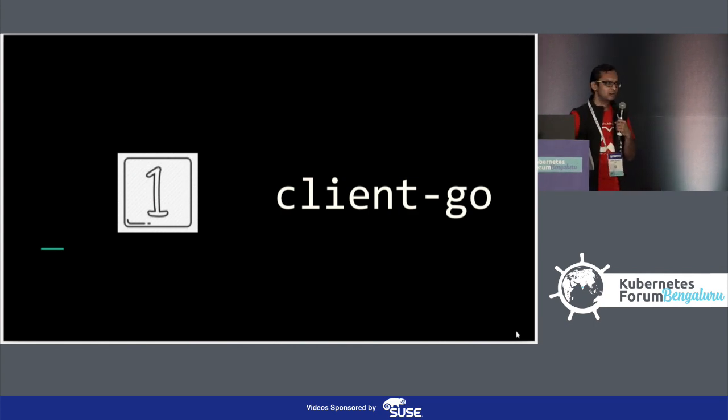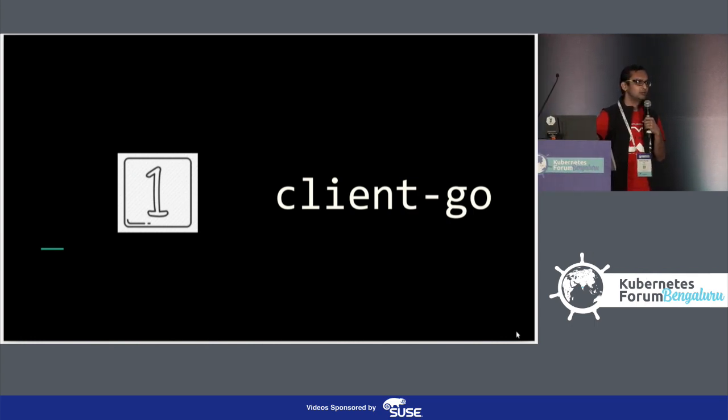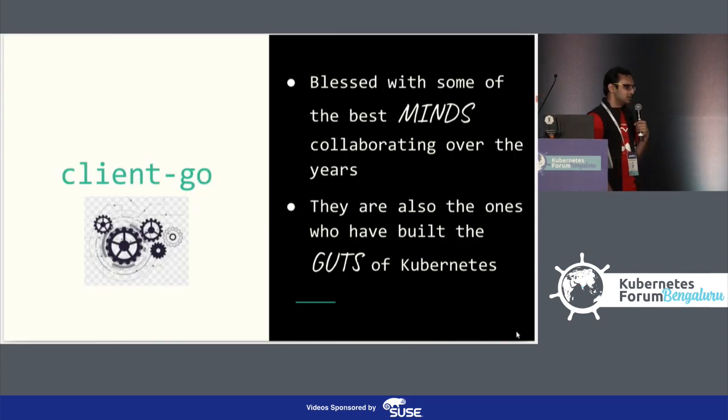Native resources are something like pod, deployment, STS, the ones which are built out of box or given to us by Kubernetes. And the custom resources are the ones that we develop, right? That's the best way to extend Kubernetes.